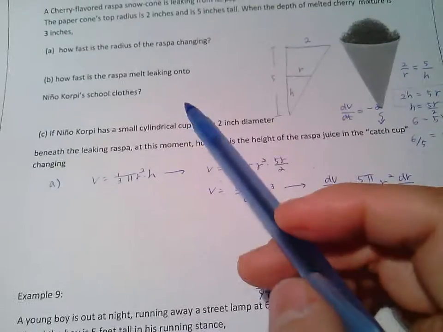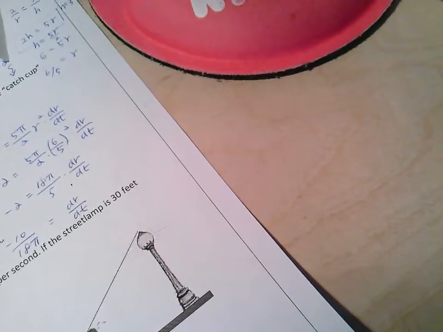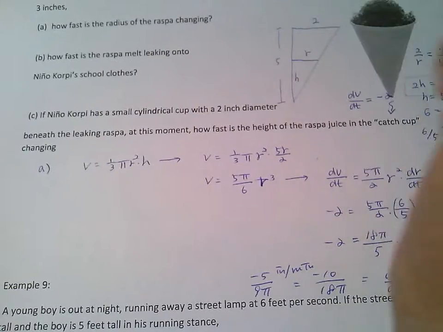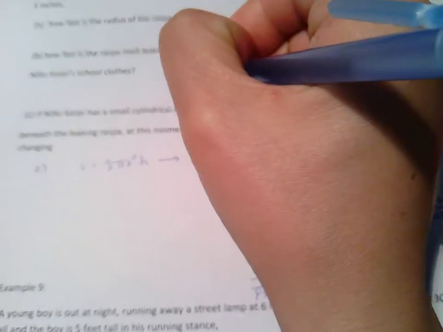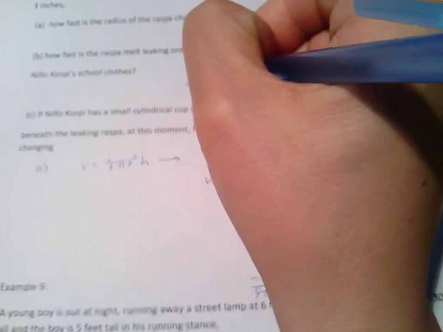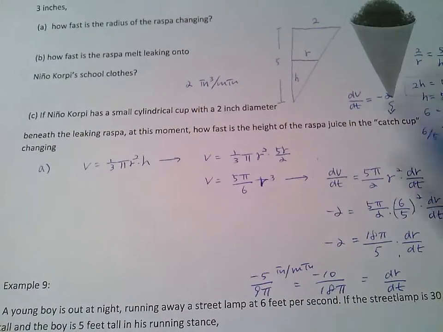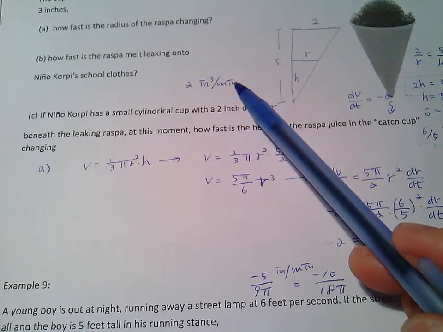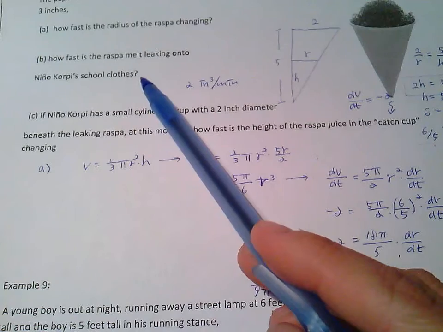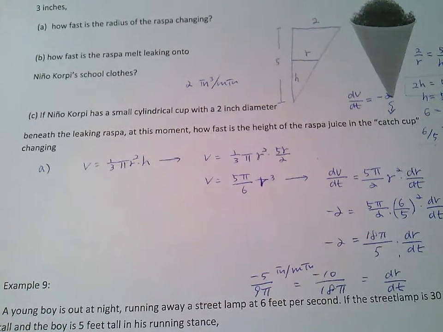So we know this one is 2 cubic inches per minute. We know this one is positive because it is leaking out, and this one is what? Absorbed on his clothes, right? So this one is positive, this one is negative.